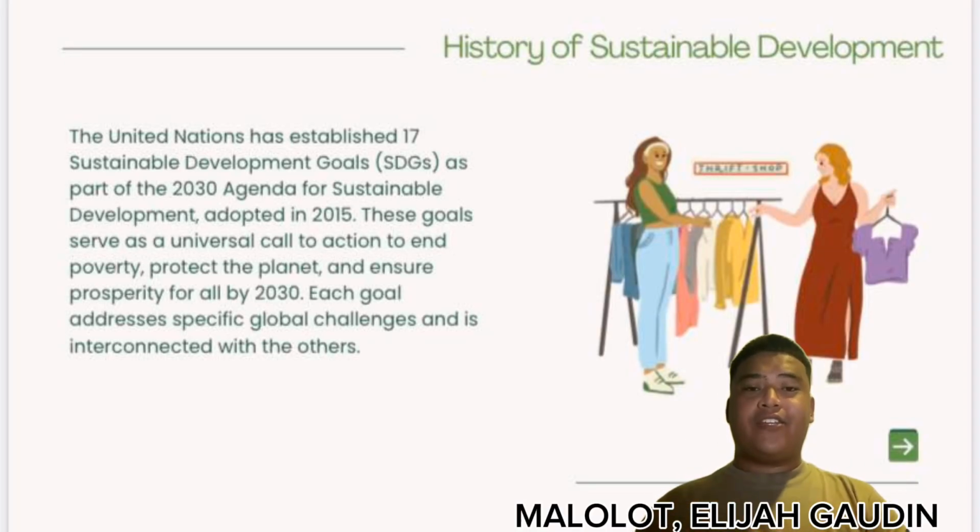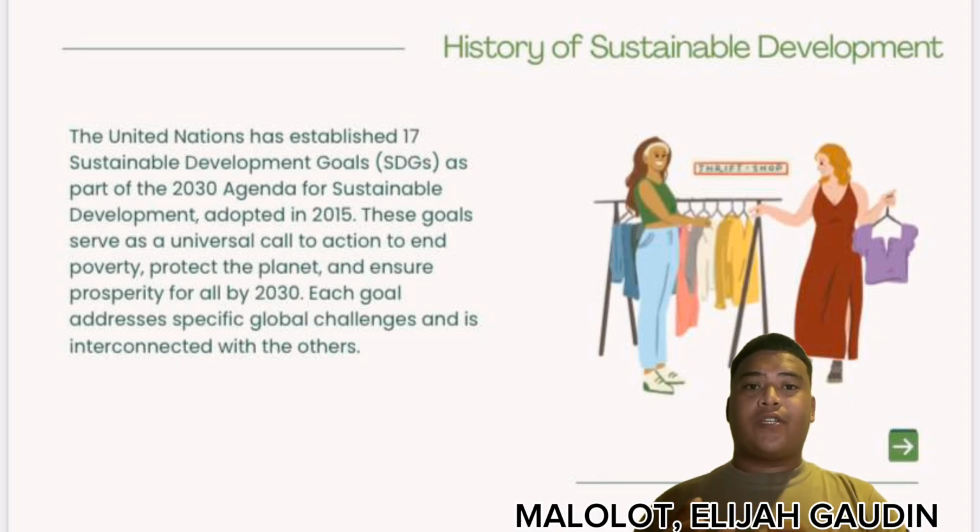The United Nations Sustainable Development Goals, or SDGs, are 17 global targets established in 2015 as part of the 2030 Agenda for Sustainable Development. These goals aim to address urgent issues such as poverty, inequality, and climate change, with a vision of creating a better world by 2030.